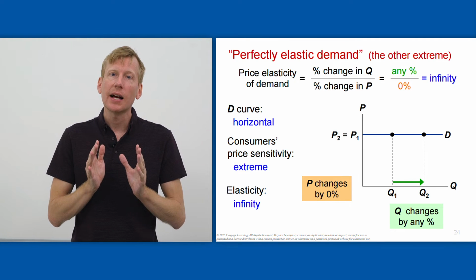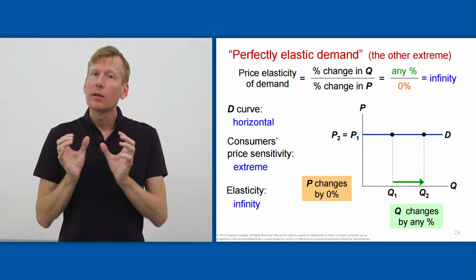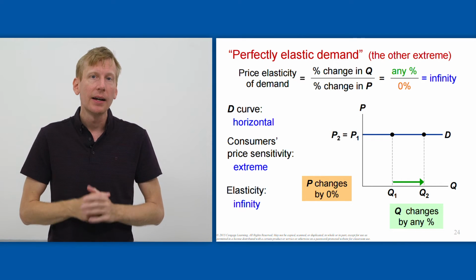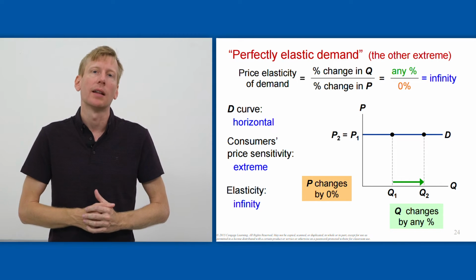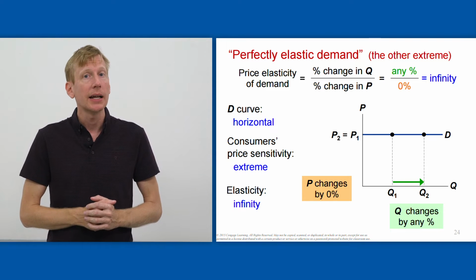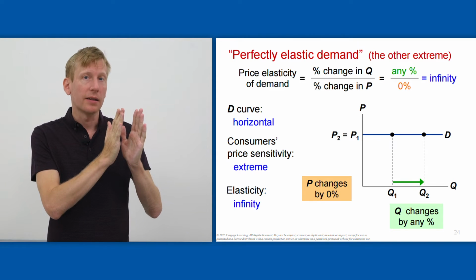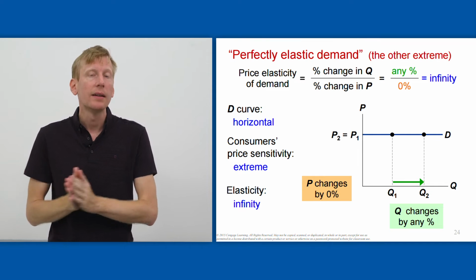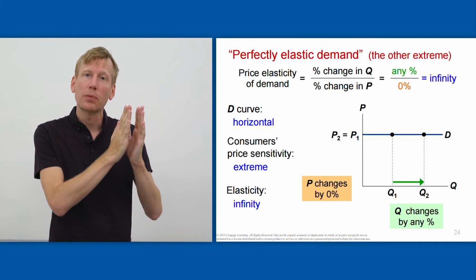As you can see in the slide, a demand curve representing perfectly elastic demand is simply a horizontal line, as opposed to a vertical line. And again, for our demand curves, the horizontal axis is quantity, the vertical axis is price.